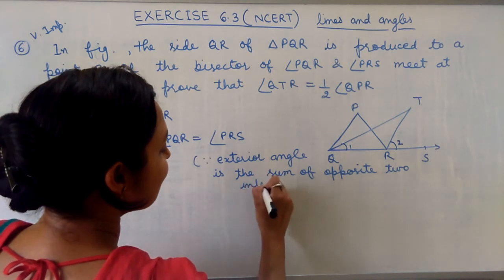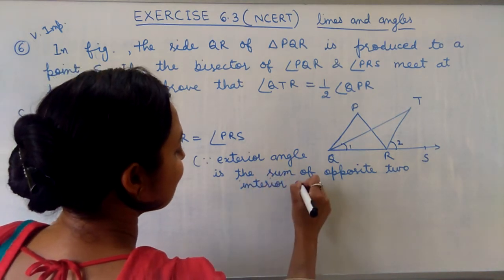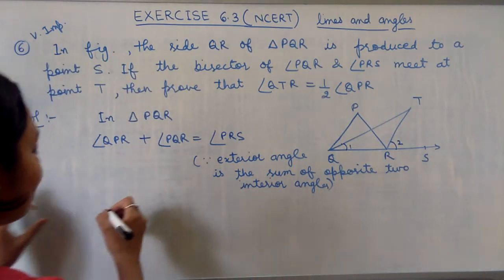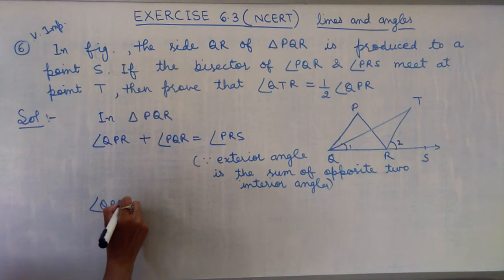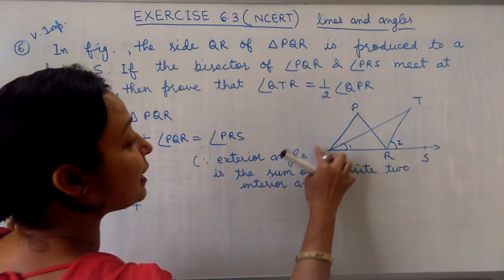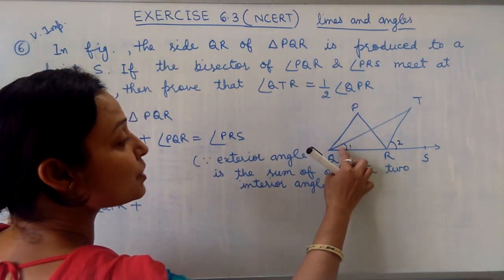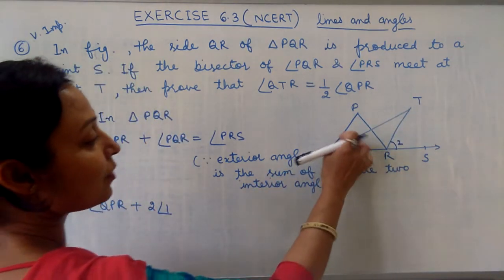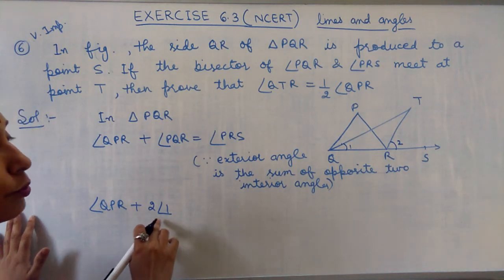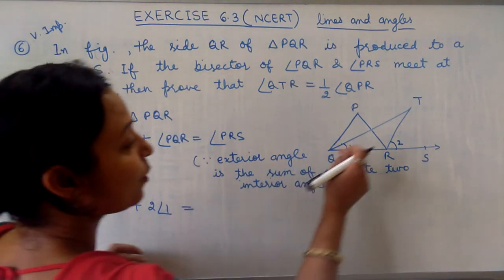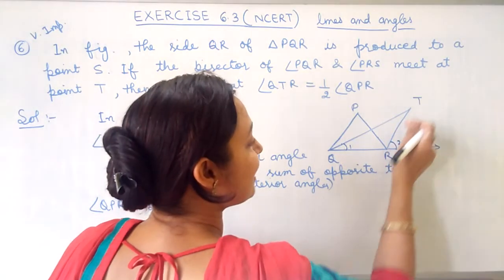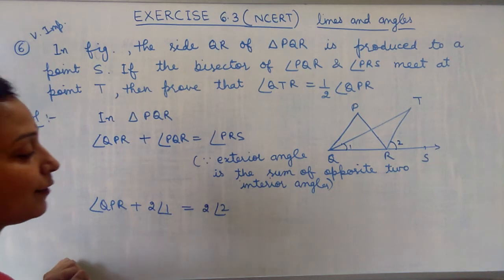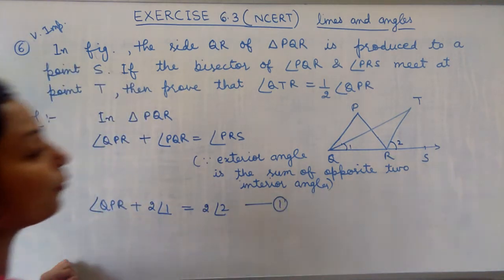Now angle QPR I will write as it is, and angle PQR I will write as 2 times angle 1, because TQ is a bisector of this angle. And angle PRS, which is also bisected, I will write as 2 times angle 2. Name it as equation number 1.